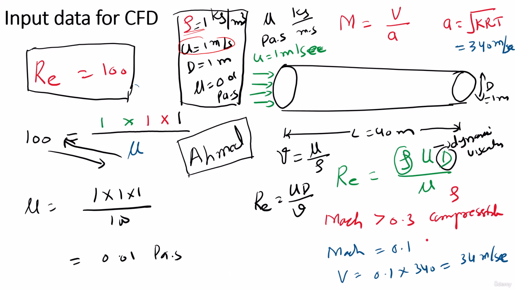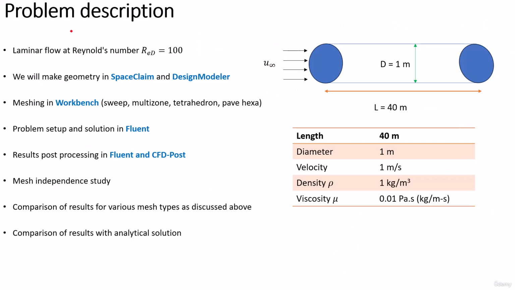Our velocity of 1 meter per second is way lower than 34 meters per second, so it is completely incompressible flow. This is the proper description of the problem: the Reynolds number is 100, we have all the properties, and this is what we are going to be doing in this course.